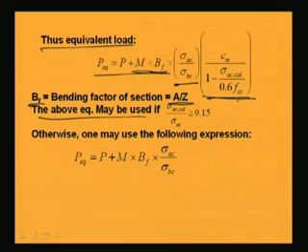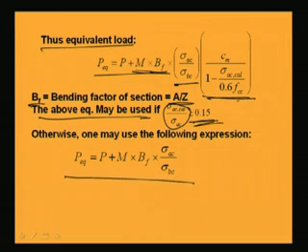The above equation can be used if sigma AC calculated by sigma AC is greater than 0.15. If this ratio is less than 0.15, then we can use the simplified equation, because this portion will reduce. This is the modification factor because of the secondary moment.